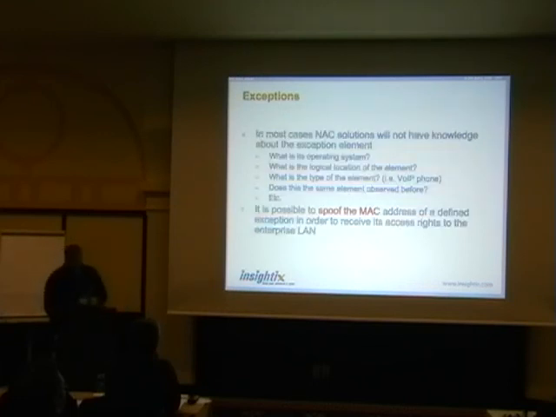Okay. So this is great, but I don't know anything about the device. Because those solutions basically don't tell me what the operating system of the device is, where it is actually connected, what the type of the element is. Is this the same parameters that we observed before, or did my printer now turn into Windows Vista or Linux?